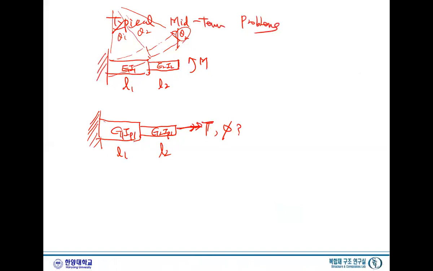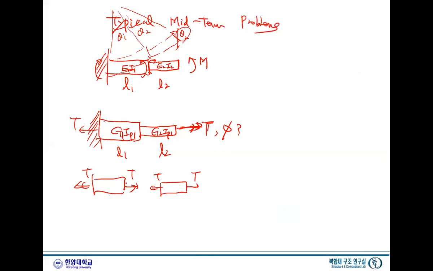And simply you can see that from equilibrium, this is a torque T, and there is another torque T, so the torque is all the same. And here is the same thing: this moment and moment and moment will be the same, right?